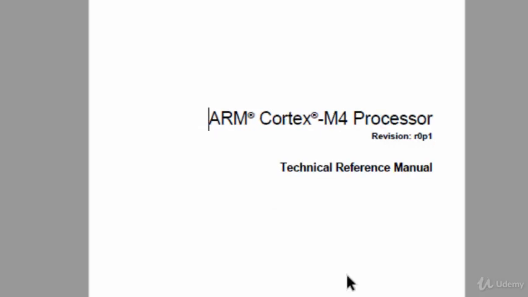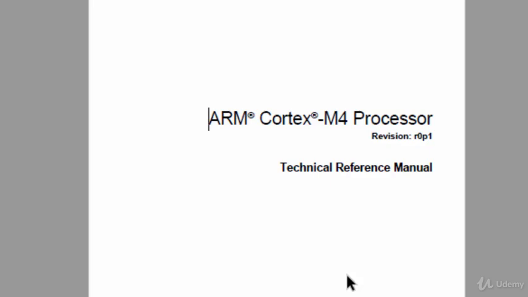To understand the processor, the best place is always to check the official document from ARM. ARM releases something called the Technical Reference Manual, or TRM, about the processors they design and release to the market.